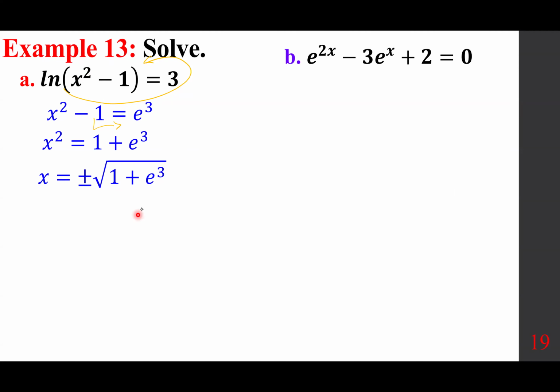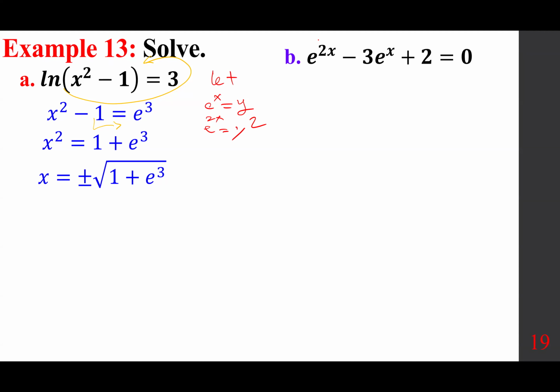E to the power of 2x minus 3 to the power of x plus 2. You can do it just the way it is, or you can do it by substitution method. By substitution method, if you want to do it, you let e to the power of x be something. Y, z, m, choose any variable except x. For example, y. So e to the power of 2x becomes y squared.